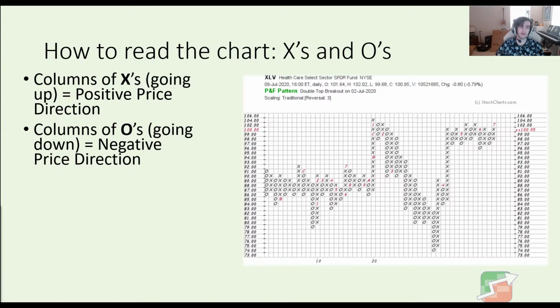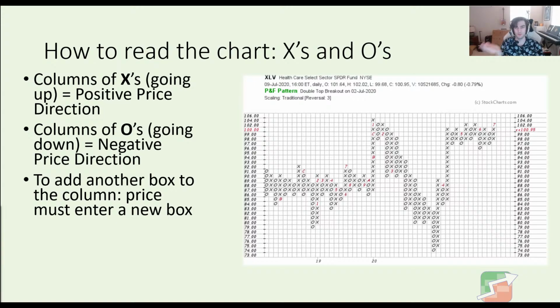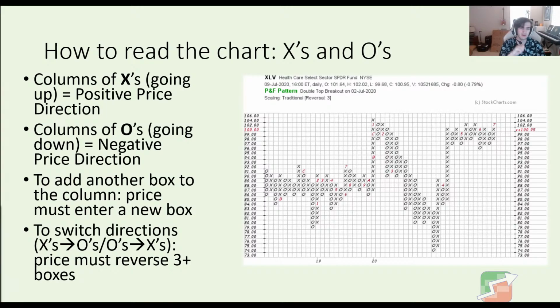So to add another box to the same column, if we have a column of X's going up, to add another X right on top, all we need to do is have the price go into a new box. However, for us to go from X's to O's or O's to X's, we need a little bit more than just one box. We need 3 boxes or more.